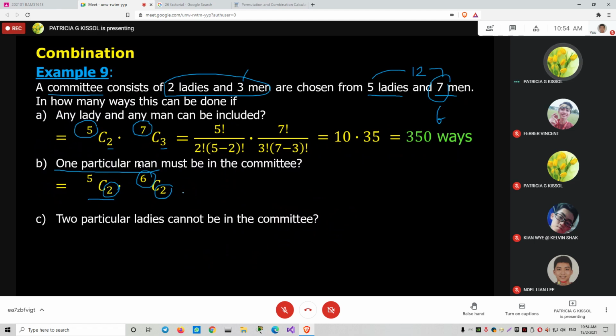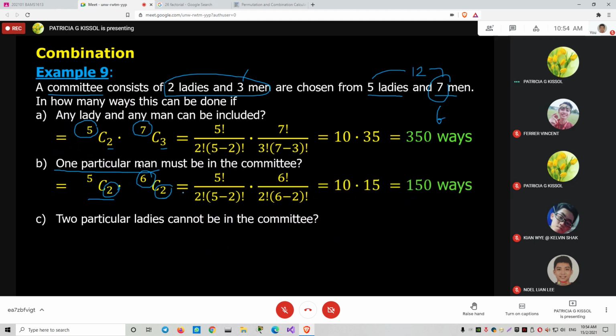You might say it's only 4 people, yes, because there should be 5 people in the committee, but 4 plus the 1 confirmed man is already in the committee. Using the same formula, you would get 10 times 15, which is 150 ways.